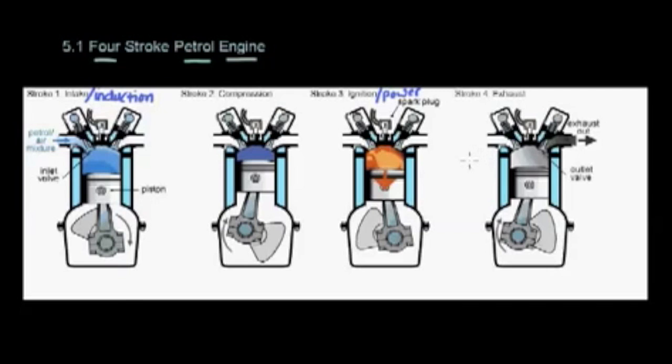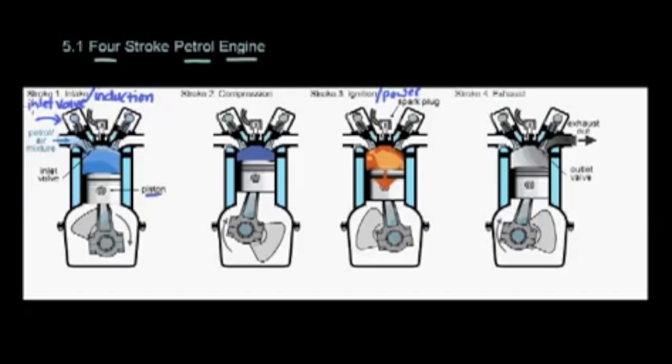Before we continue, let's take a look at the main components. In each of the cylinder, there is a piston. This is the piston, and there will be an inlet valve, which allows petrol to come in. Okay, so this is known as the inlet valve.